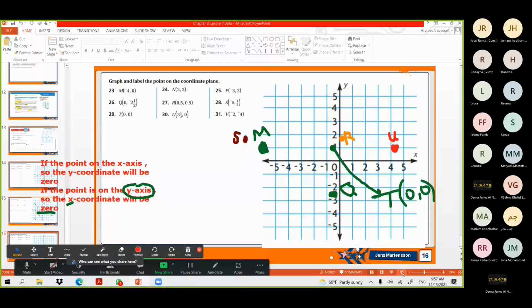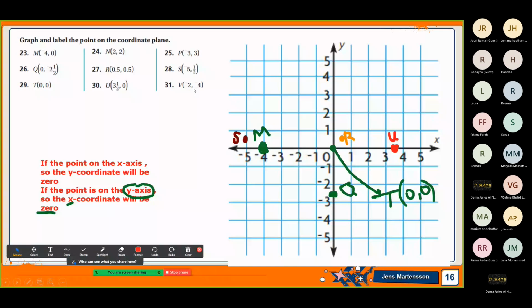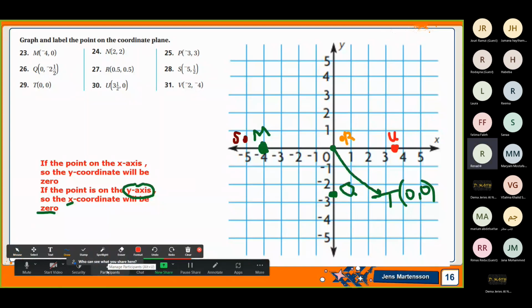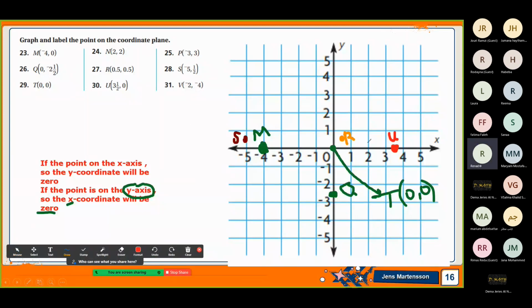Now, number 31, V, with Rinat. Yes, teacher. V, -2, -4. First, what is the value of x? -2.